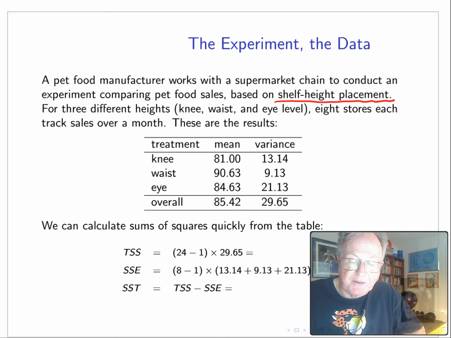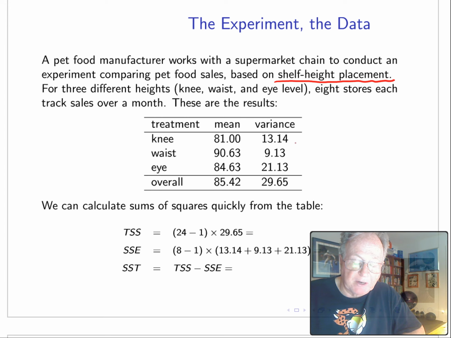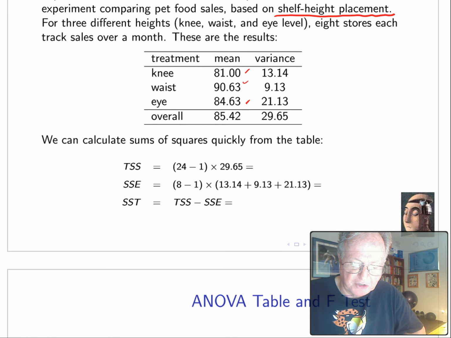They select 3 different heights and randomly select 8 stores for the height treatment for each group. Here's the results of the experiment. We have 3 different means for knee, waist, and eye height with the associated variances. And then we'll use this table to quickly compute the sums of squares.